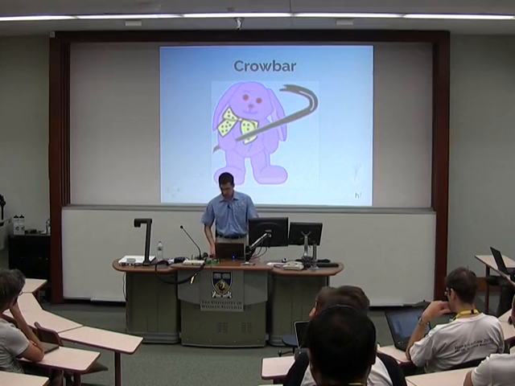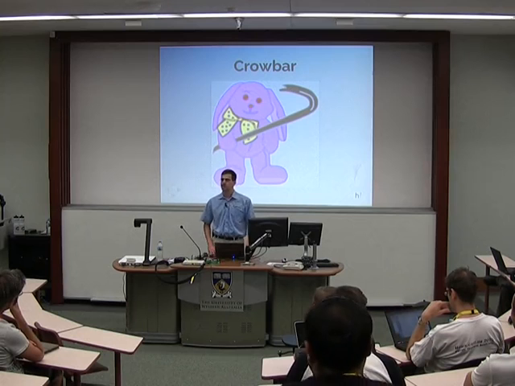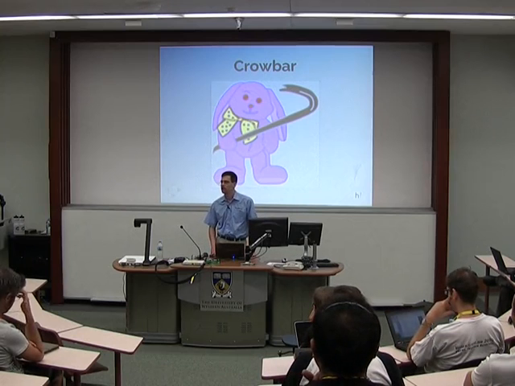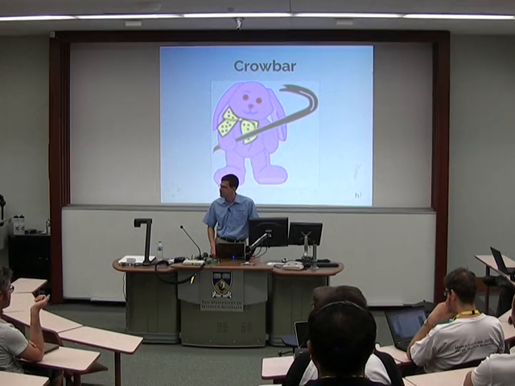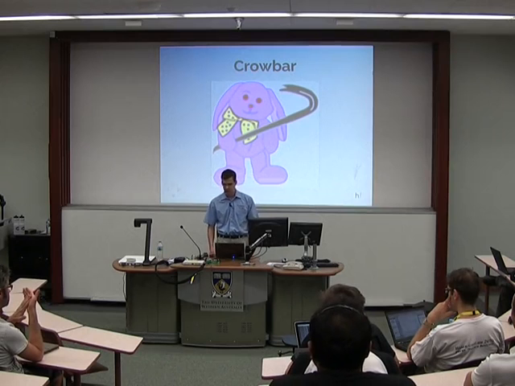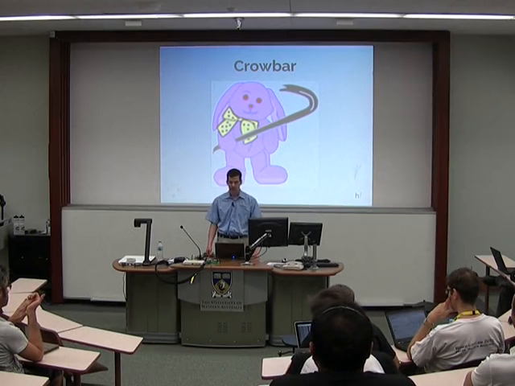Crowbar is a project, like I said, that comes out of Dell and is also the deployment platform of choice for SUSE Cloud. SUSE Cloud is an OpenStack-based private and hybrid cloud product that comes out of SUSE. By the way, any SUSE folks here? Yes?